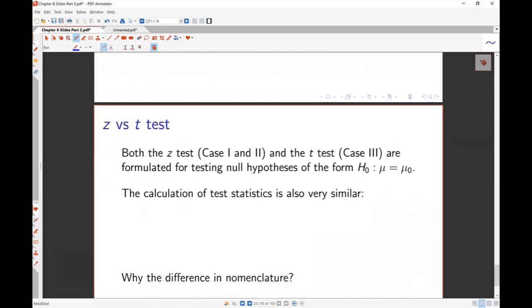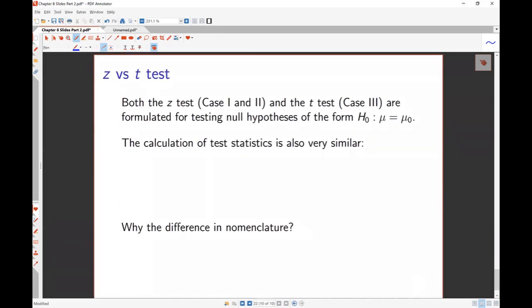The last thing I'll say in this video is an emphasis of nomenclature: z-test versus t-test, making sure we understand when we're using which name and why. If we're in case 1 or case 2, we are using a z-test because our reference distribution is a normal distribution.